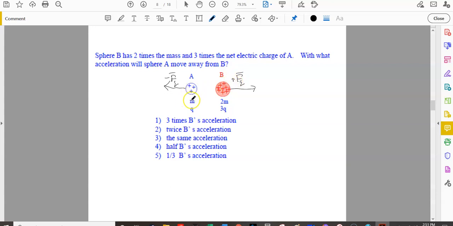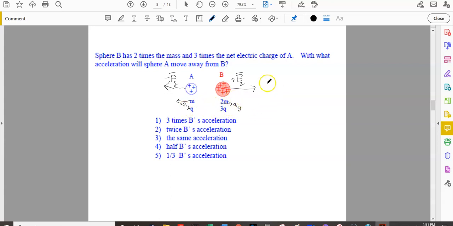Sphere A is going to be accelerating to the right, and sphere B is going to be accelerating to the left. I'll call these acceleration A and acceleration B. Although the forces are equal and opposite, you want to denote A and B for the accelerations.